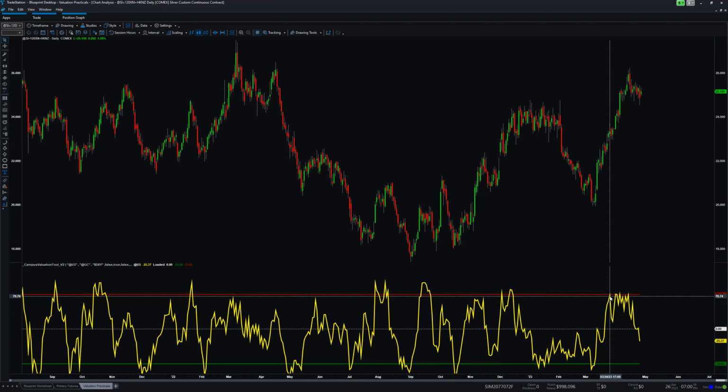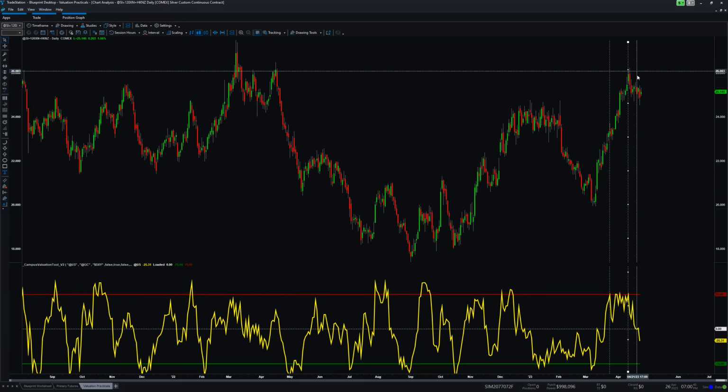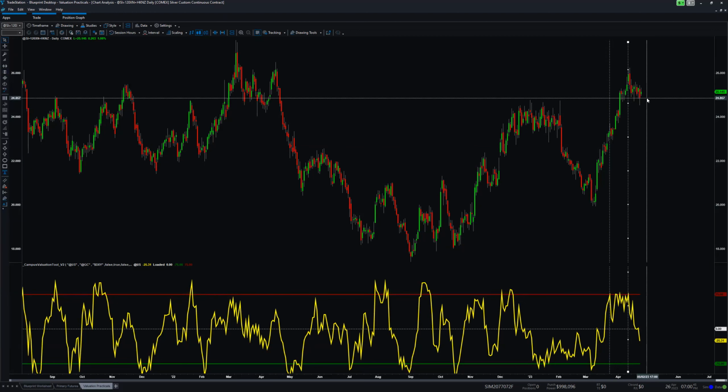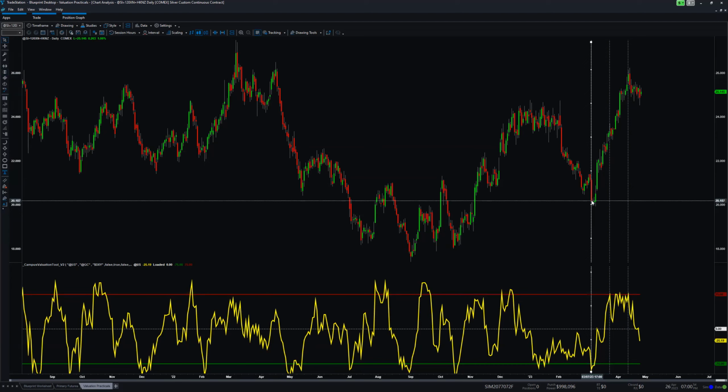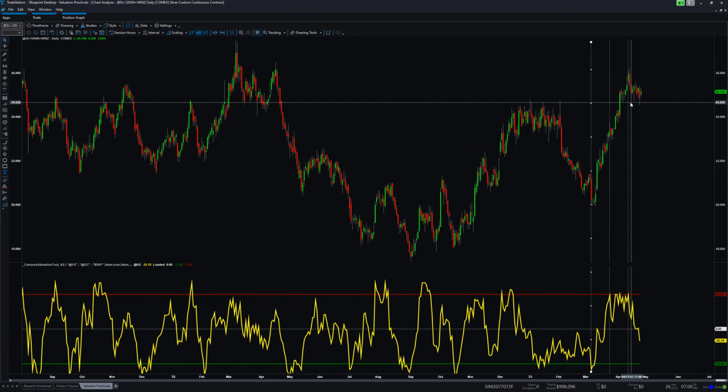So here, for example, we turn overvalued, nothing really happens. We stay overvalued, and then eventually we're seeing the decline here, but not so much, but maybe we're producing a bigger decline here. This undervalued reading was the low of the low here.